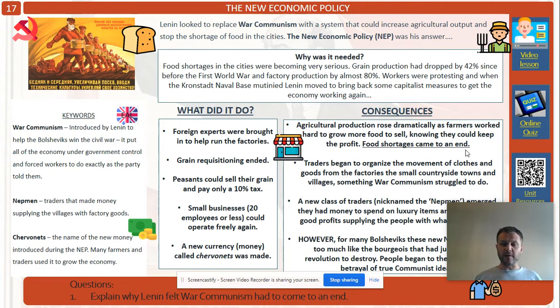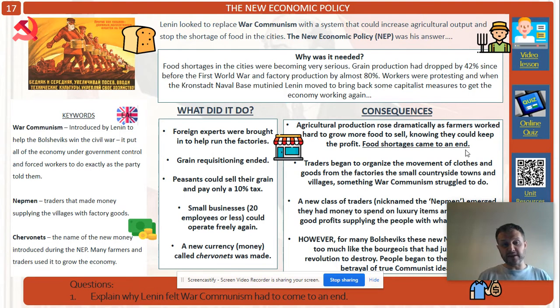Remember, war communism was good at getting the army the stuff that they needed, but it was terrible at producing the everyday consumer items that people wanted. Clothing, kitchenware, tableware, silverware, the stuff that people need to buy every week, every month, every year, just wasn't being made anymore. And these small little businesses would produce that stuff.